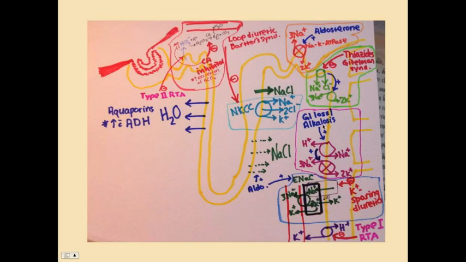This channel is going to increase in activity, because with alkalosis, you're going to pull hydrogen ions out of the filtrate, and so you're going to be pumping out sodium.